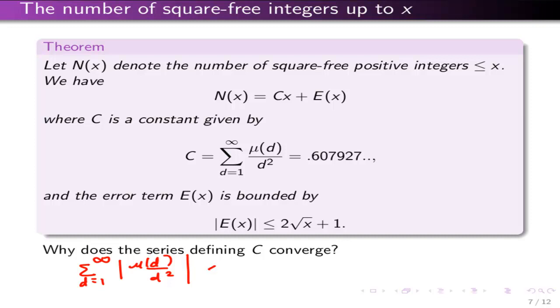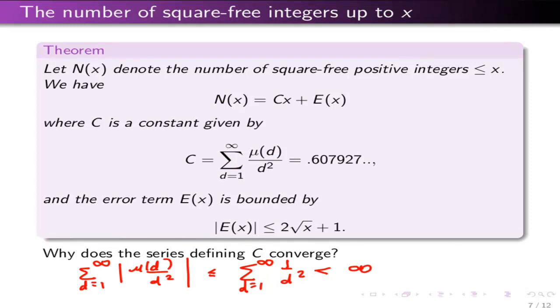So this is less than or equal to the infinite series of 1 over d squared. And that's a p-series with p equaling 2, so this is a convergent series. In other words, the series for c converges absolutely, and therefore it converges without the absolute values.